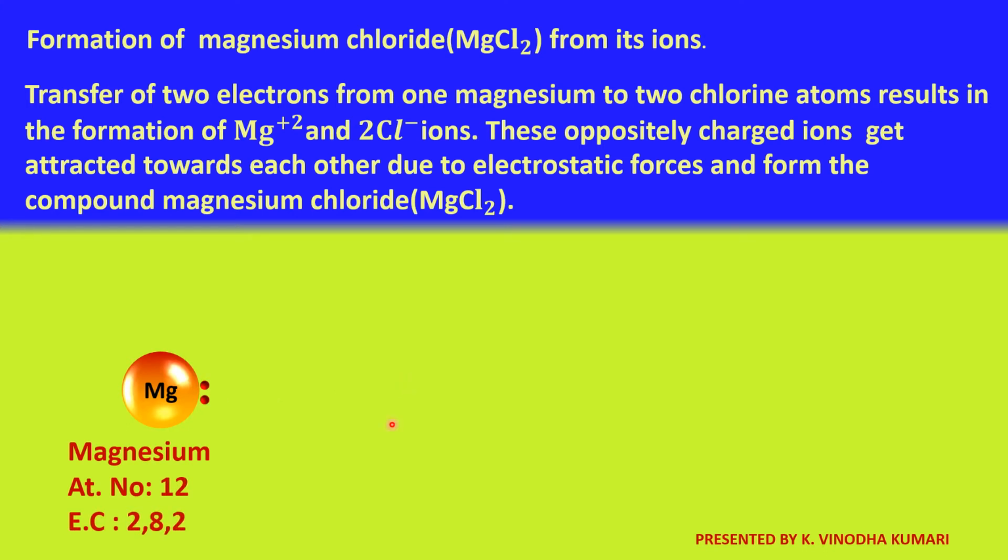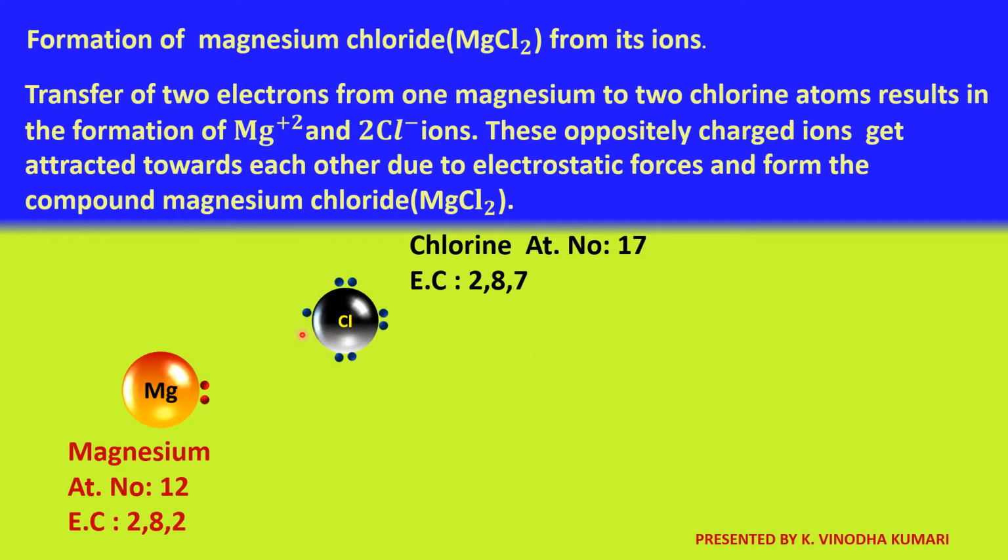And chlorine has the configuration 2, 8, 7, because atomic number is 17. So in the outermost shell, it will contain 7 electrons. It is short of 1 electron. So 2 such chlorines are there, which are having 7 electrons.